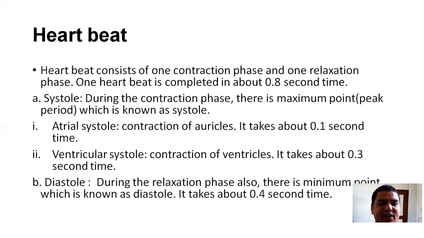They are atrial systole and ventricular systole. Contraction of the auricle for 0.1 second is atrial systole, and contraction of the ventricles for 0.3 second is called ventricular systole. Diastole means the relaxation phase of the human heart. It remains for 0.4 second.